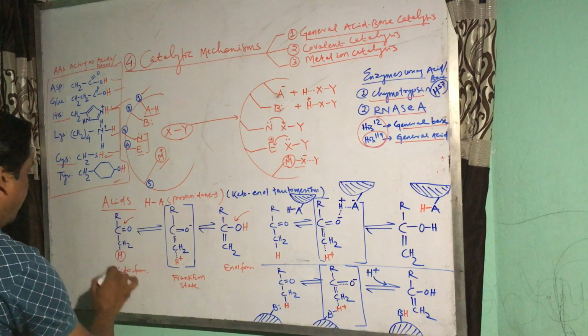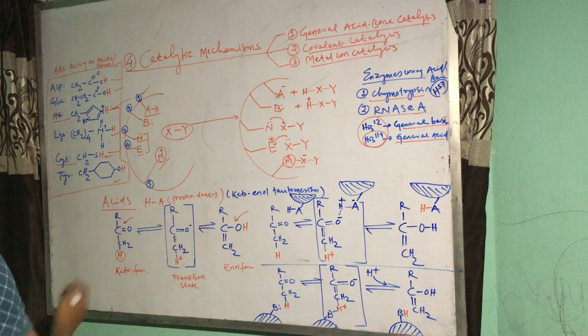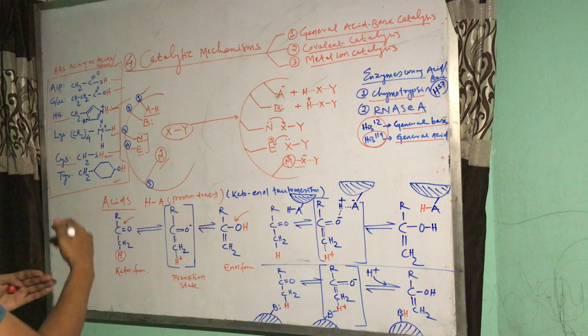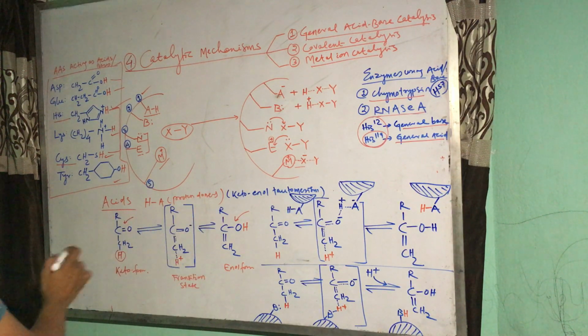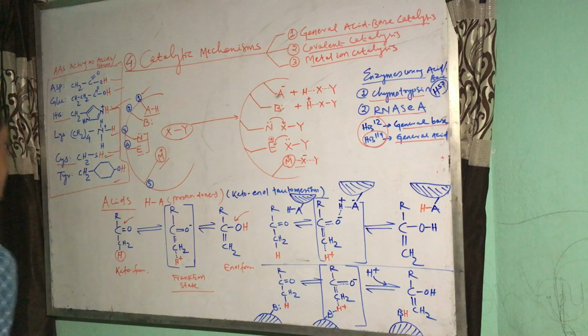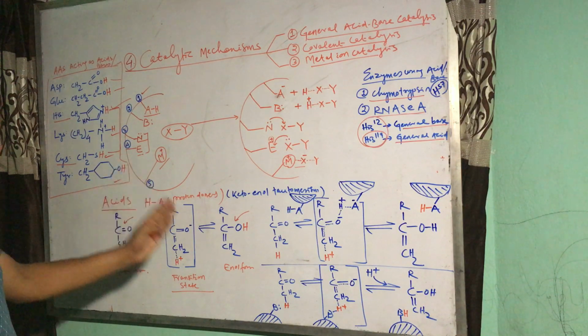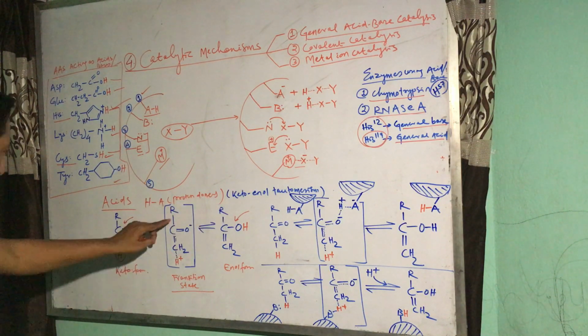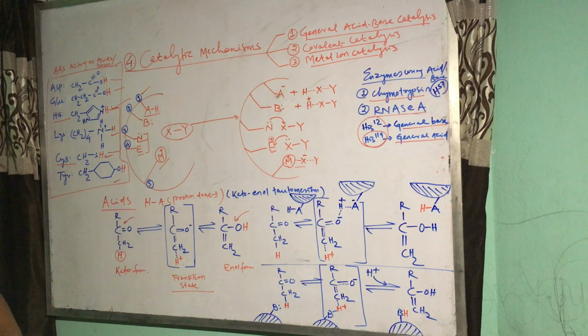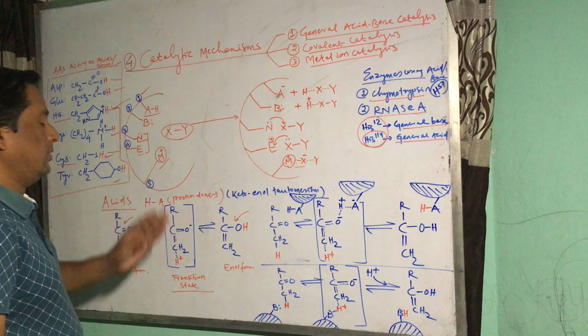H from here moves here, and the double bond breaks down. This is the transition state, where the substrate is not yet converted to product. It is a transient state in the reaction.